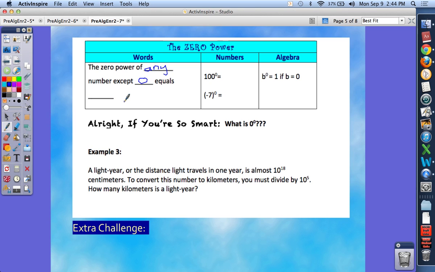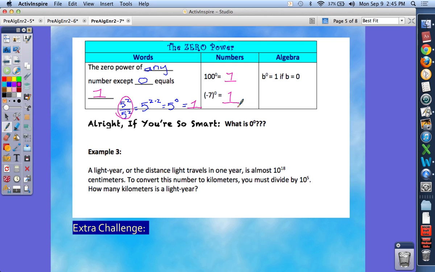So like I said, if I have 5 squared over 5 squared, if I do the exponent rule, it would give me 5 to the 2 minus 2, which would give me 5 to the 0. So what's that equal? Well, guys, remember in math, what's anything divided by itself? 1. So 0 exponent is going to give you 1. 100 to the 0 exponent is 1. Negative 7 to the 0 exponent is still 1. 5,280,000 to the 0 exponent, still 1.